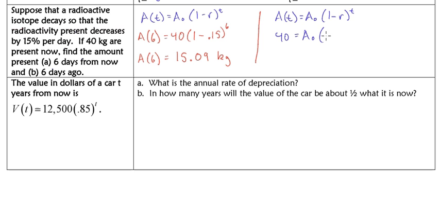Again, it's still decreasing at 15% a day. So 1 minus 0.15, so really you're going to have 0.85 to the 6th power, because it's 6 days ago.